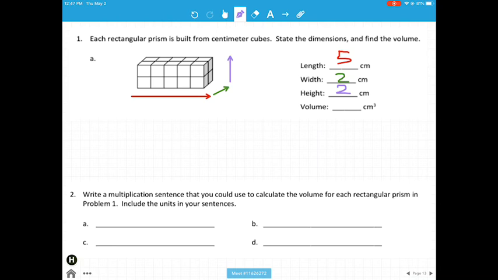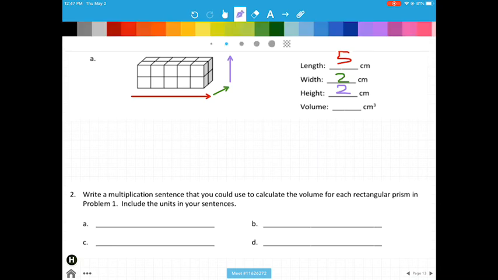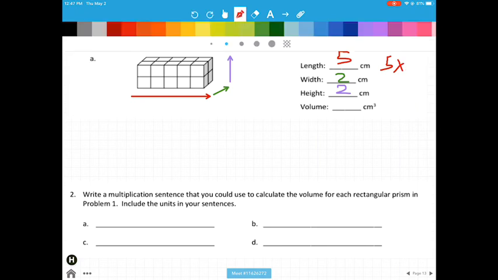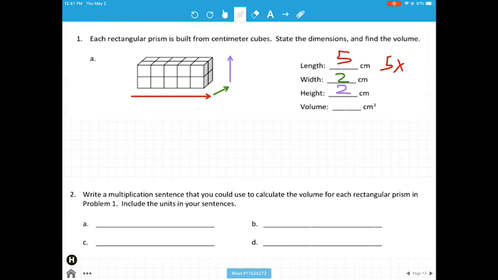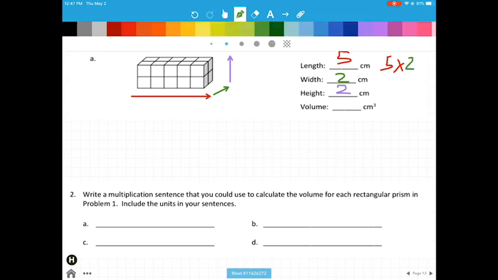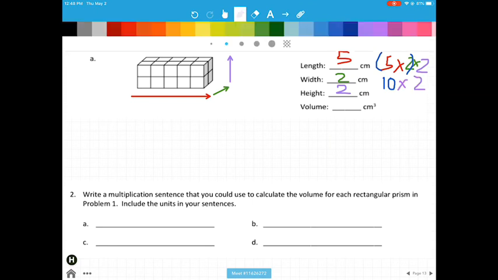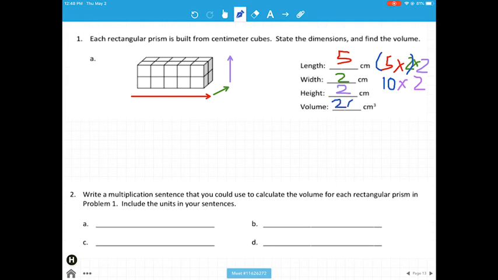Now how do we get all of this to get the volume? Well, we're multiplying. We're going to multiply 5 times 2, and then multiply that times the last 2. I can put 2 of these together, and I'll get 10. Then multiply that times a 2, and that's going to give me 20.